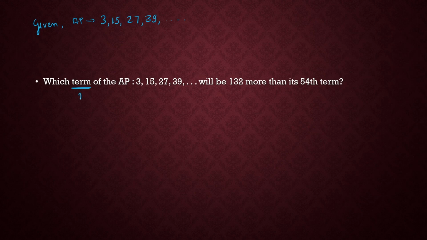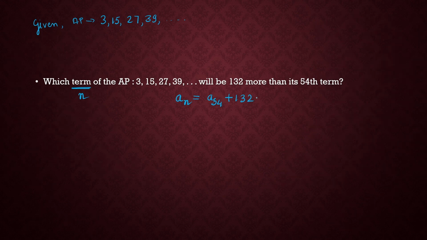Let me consider this term to be n. Then they have said that which term of this AP means it's an. They have not asked you the position of the term, which term. So an will be 132 more than its 54th term. Just like the previous question, it is the a54 term plus 132.